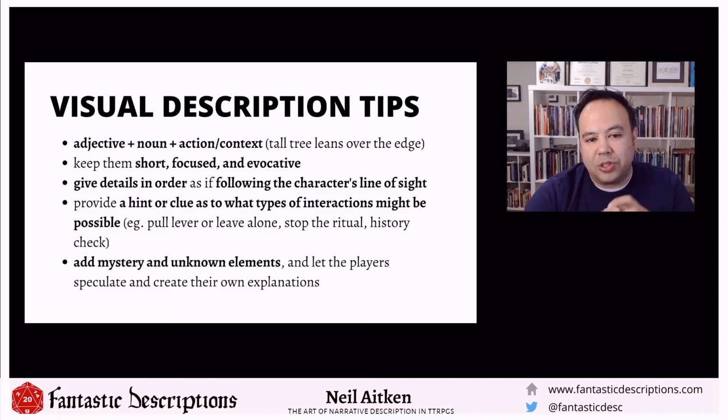These description palettes will free you up, because having done the work in advance, when you are pressed in the moment to spin a description on the fly, you're going to be able to lean back on that preparation or glance over your notes.